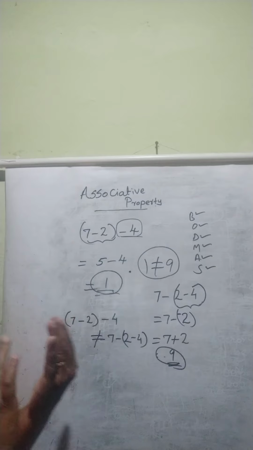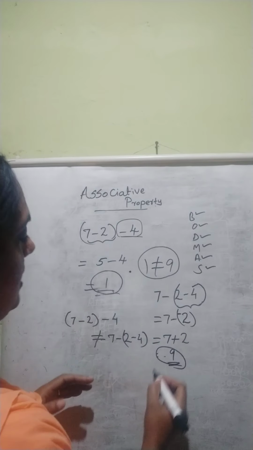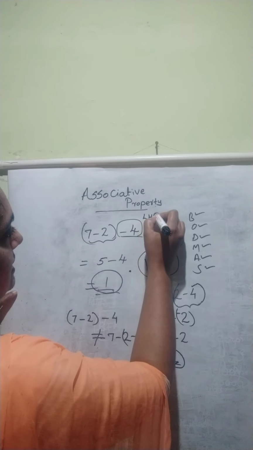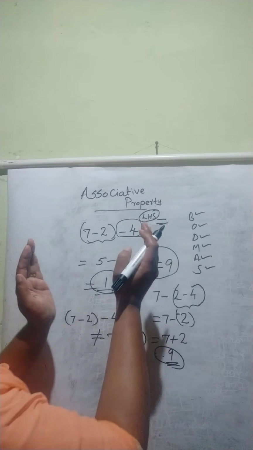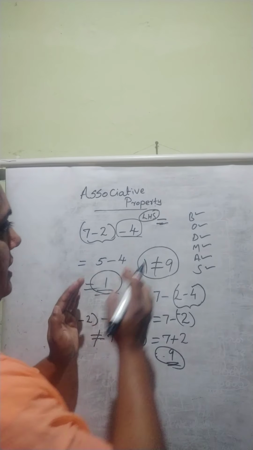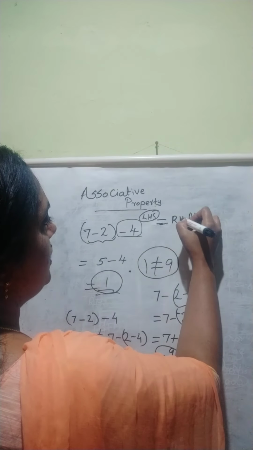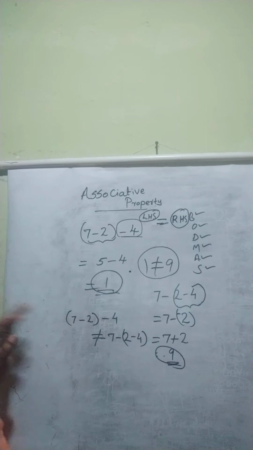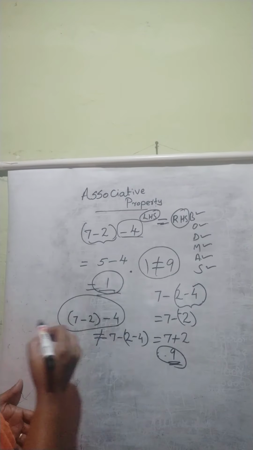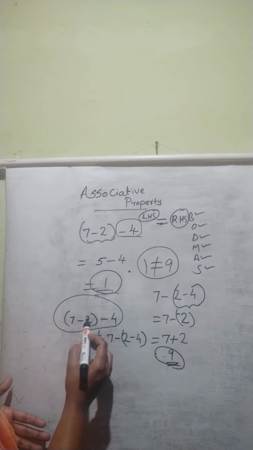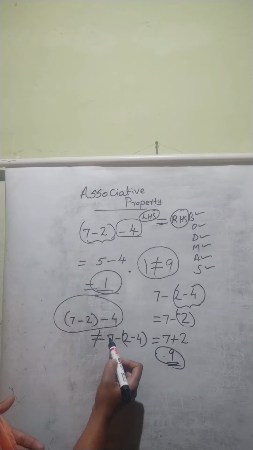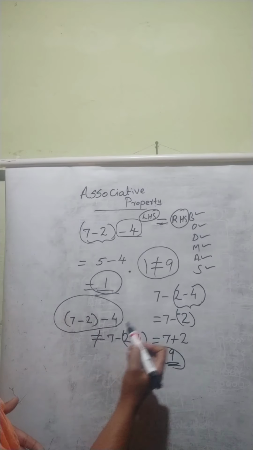The left side statement, and RHS the right side statement, with the equal sign between them. LHS is (7 minus 2) minus 4, and RHS is 7 minus (2 minus 4).